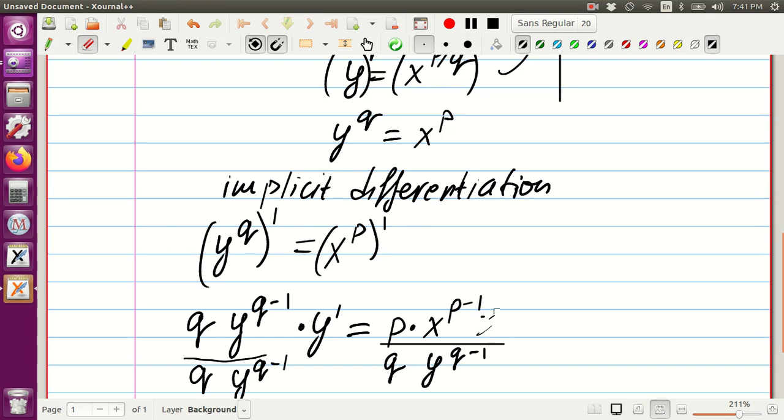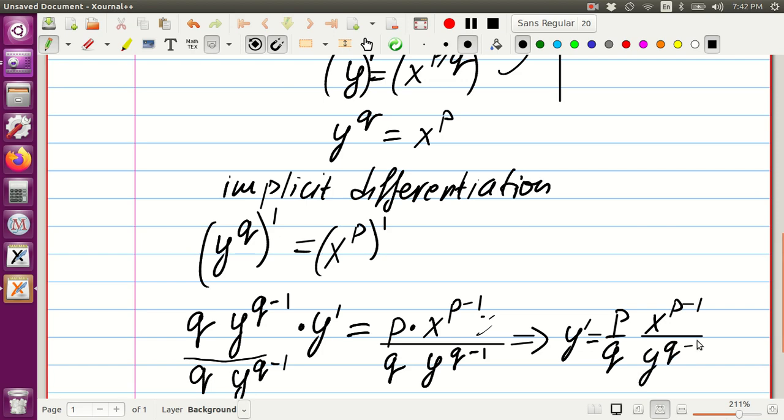Alright, so let's see what we're going to get. We're going to get that y derivative is equal to p divided by q and x to the p minus 1 divided by y to the q minus 1.